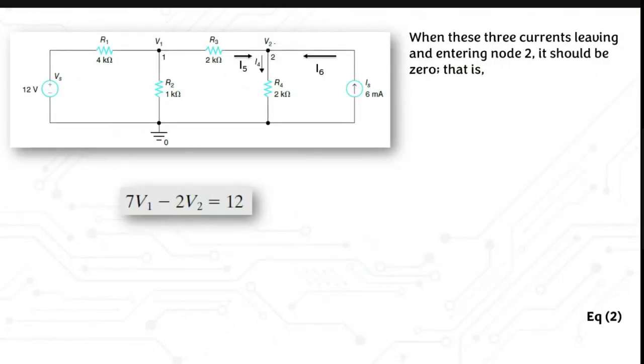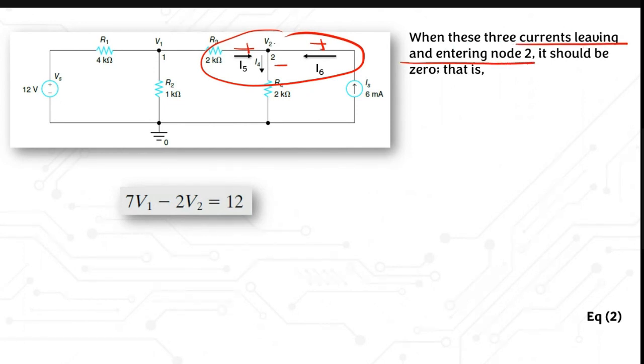Then move on to node 2 here, which is V2. Here you have the positive current and the negative current. So you have the summation of current leaving and entering the node. When these three currents are leaving and entering node 2, it should be 0. So I5 plus I6 is the current entering the node, equal to I4, which is the current leaving the node.